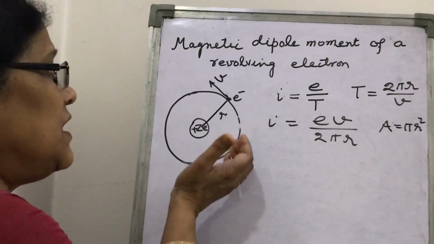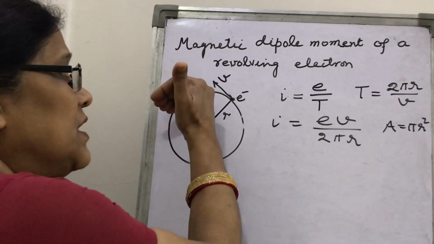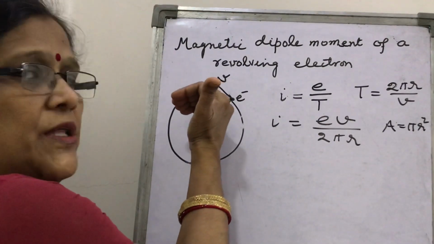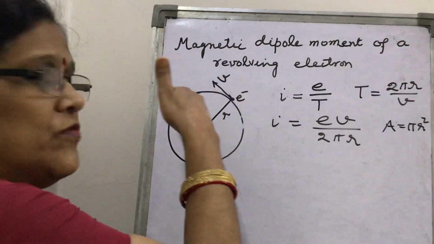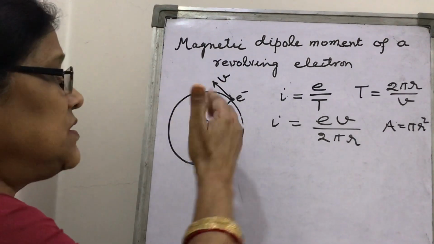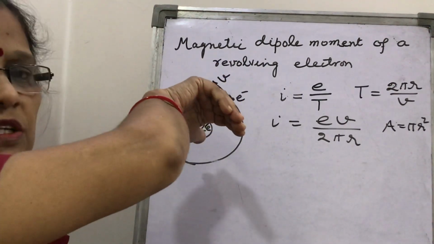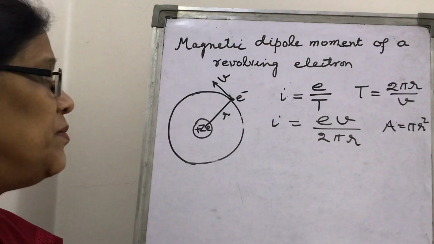Here, since the electron is revolving in this direction, look, what will be the magnetic moment? Downward, because the current will be in the opposite direction. So, look, this will be the magnetic moment's direction.